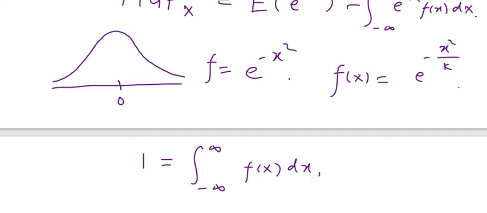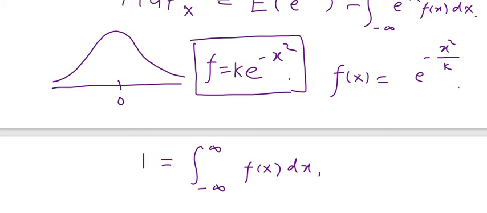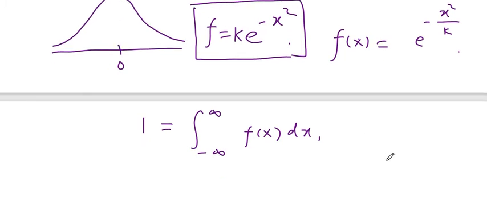This is the requirement of a density function, that all probability adds up to 1. For this function, maybe it does not satisfy this; the integration is not equal to 1. So to fix this, we need to multiply by some constant. How can we find the constant? This is an integration issue.